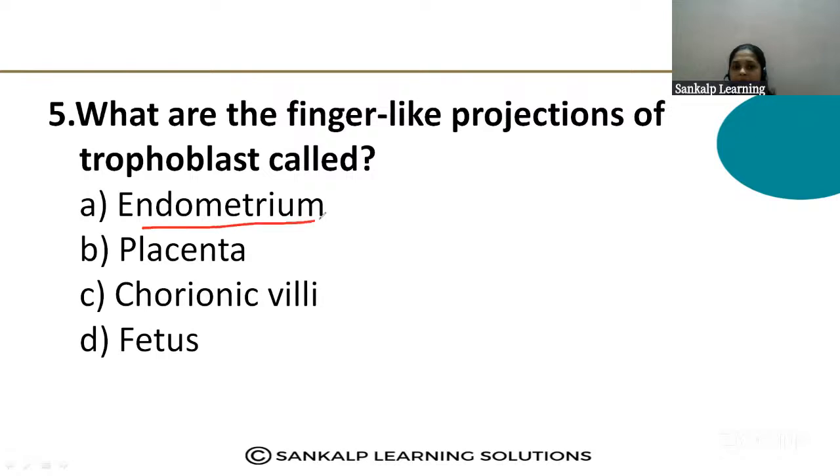Endometrium is the part of the uterus and will not form the finger-like projection. Placenta provides the nutrition and is a structural and functional unit. But chorionic villi are the finger-like projections around the trophoblast layer. So the correct answer is chorionic villi.